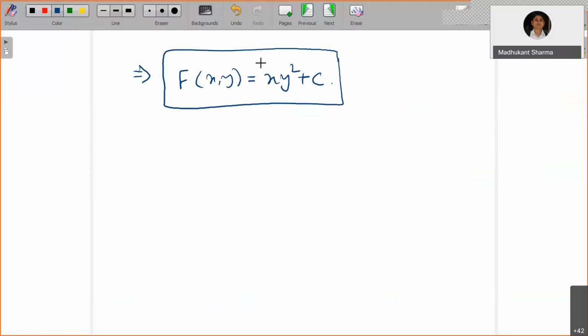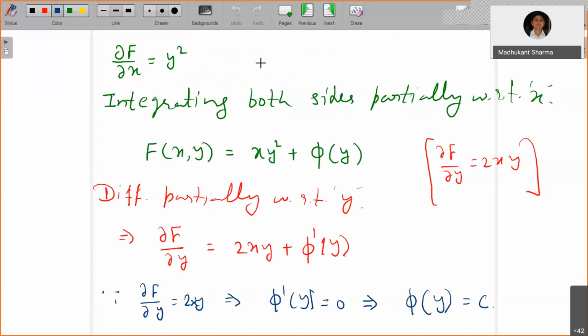Okay, right. So if somebody has a question, yes, sir. In the last slide, when we did ∂F/∂y, why is it 2xy? Shouldn't y be integrated and written as y square by 2? See, we are differentiating now. We are not integrating. That's the very first thing.